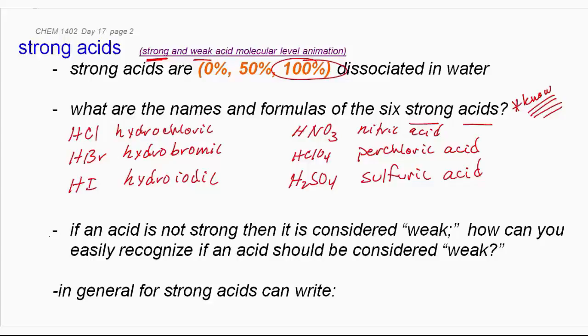They break up 100%. If an acid is not strong, then it is considered weak. How can you easily recognize if an acid should be considered weak? It's not one of the 6.